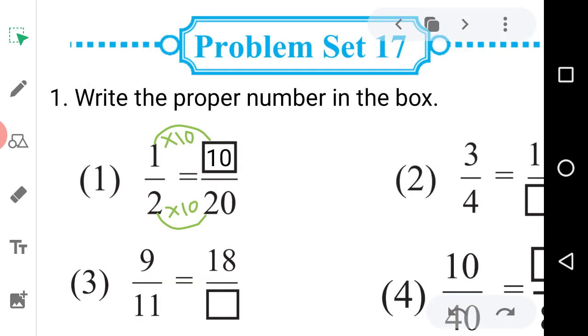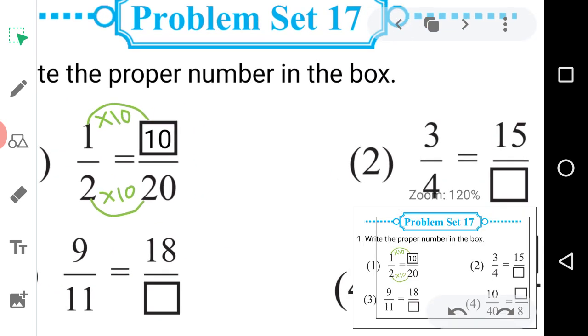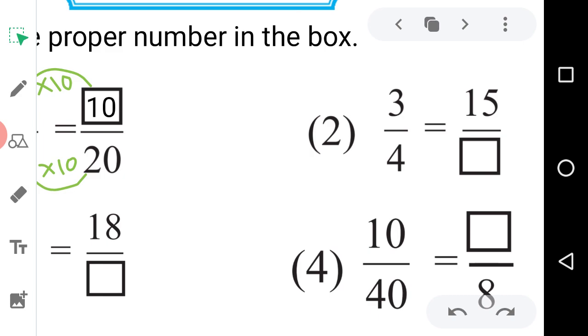Now see the second one. Here the fraction is given 3 upon 4, and the numerator is given as 15. So first see, how do we get 15 from 3?